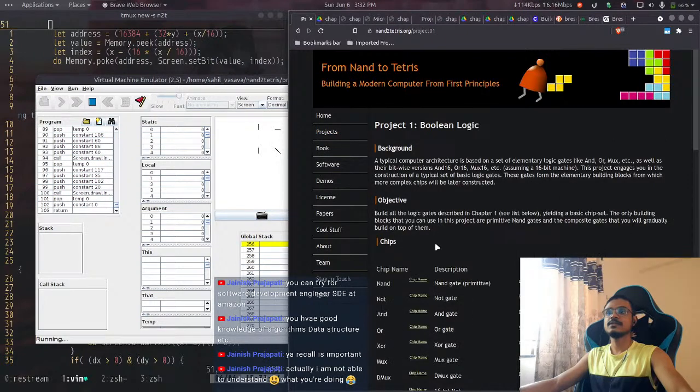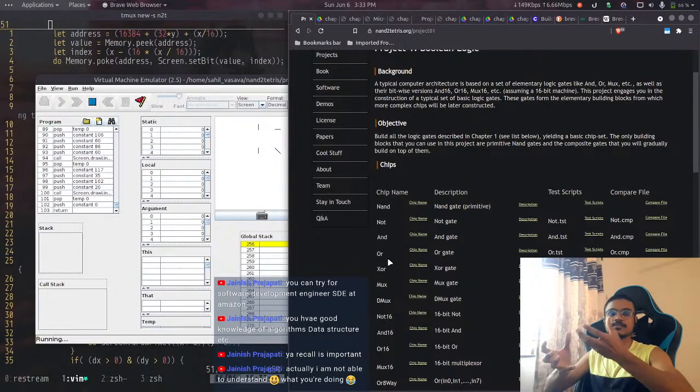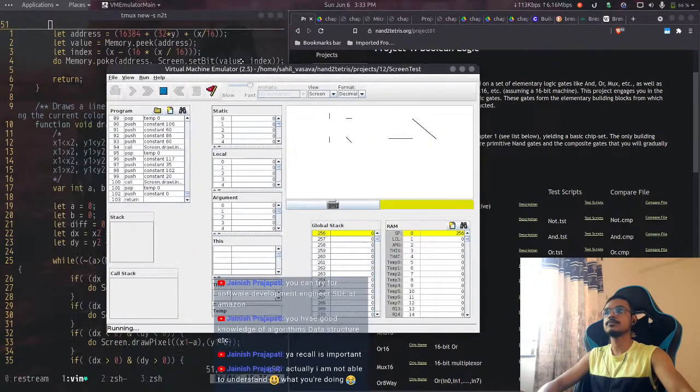I created these chips, Nand gate, NOT gate, AND gate, OR gate, all of these chips using a language called HDL. I didn't create the physical chips, but I created all of these chips in a language called HDL, and it can run inside this kind of emulator.